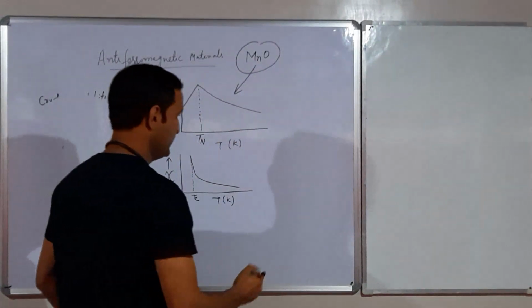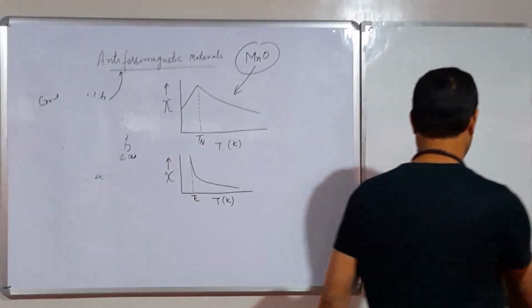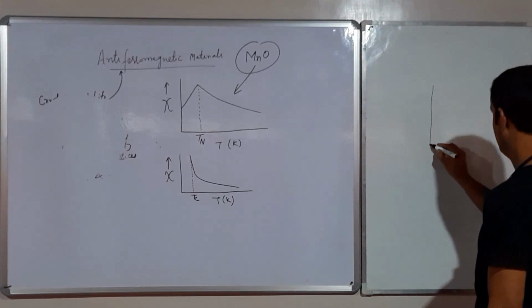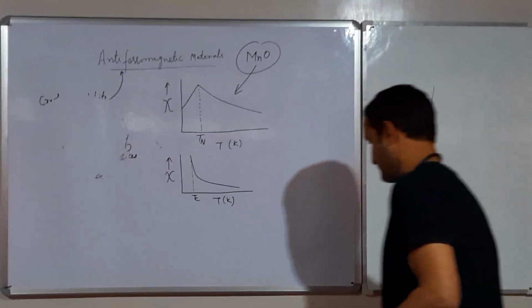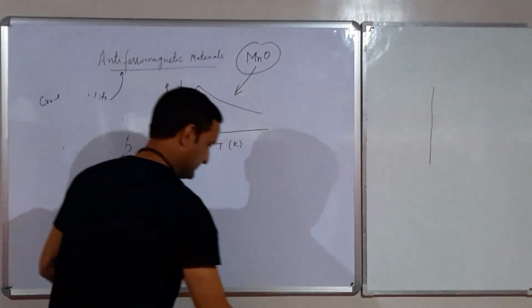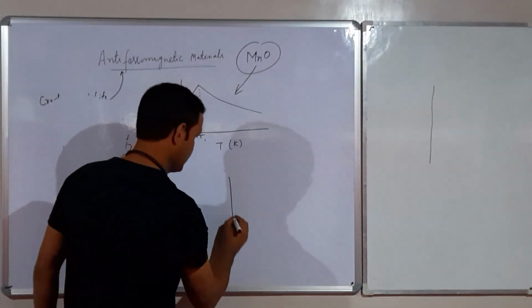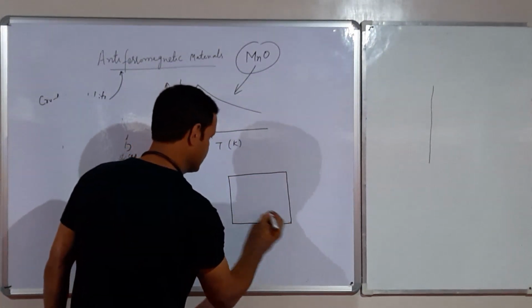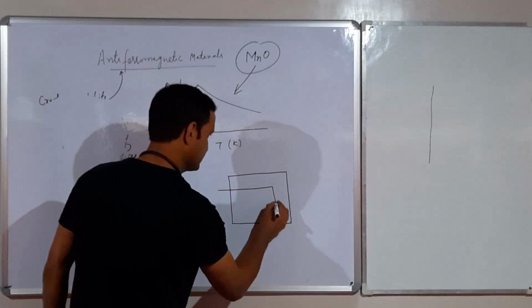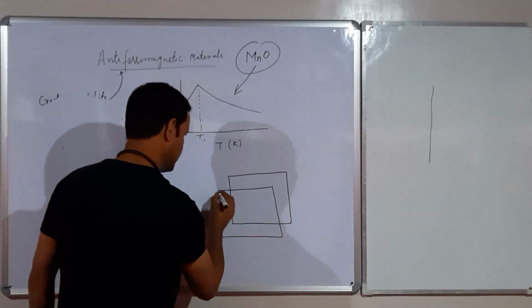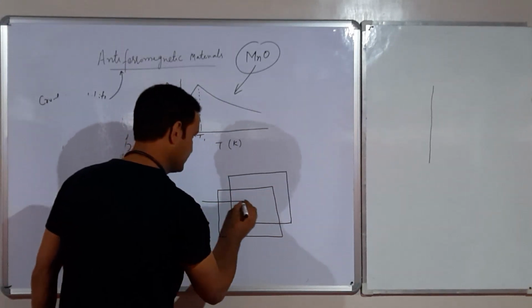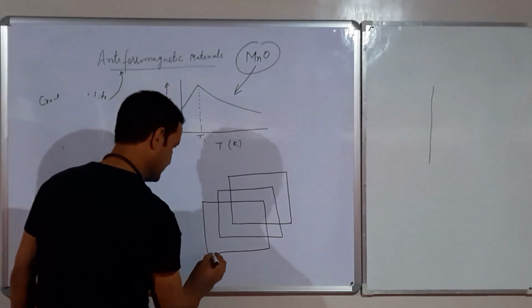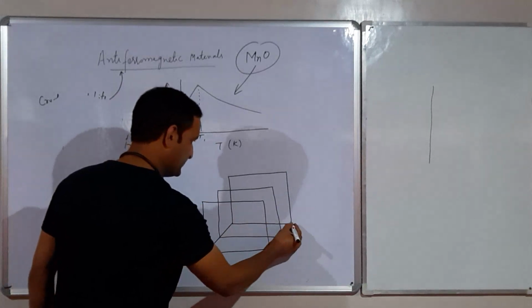We can draw it here diagrammatically. If this is sublattice 1, this is the crystal lattice.